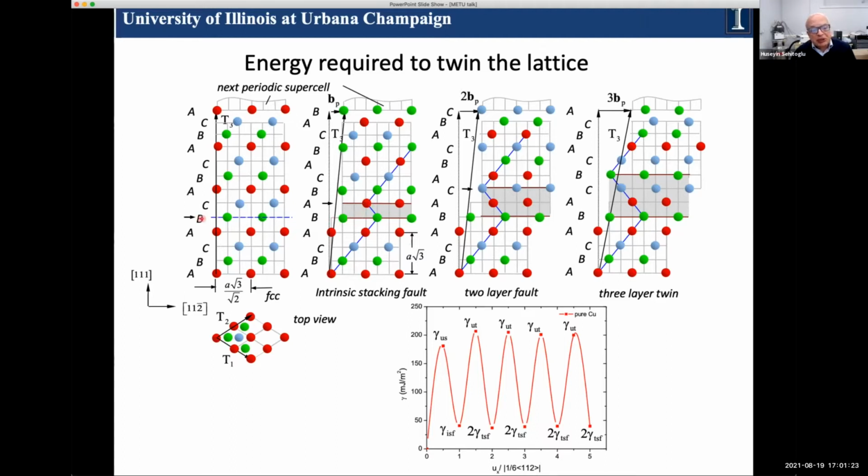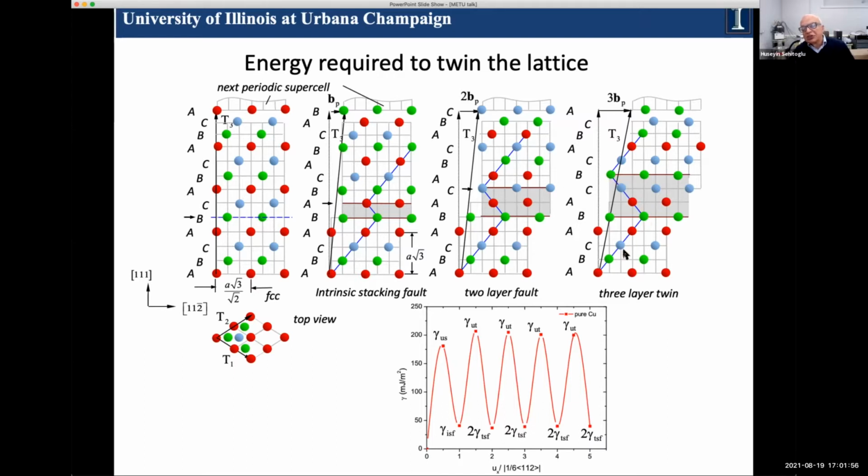Actually, here the B is our fault plane, and we're displacing the next plane here. And then if we displace the following plane by a fraction of the Burgers vector, we get this B to move to the C position, so that we get a two-layer fault, and then we subsequently shear the following layer, and then we get a three-layer twin.